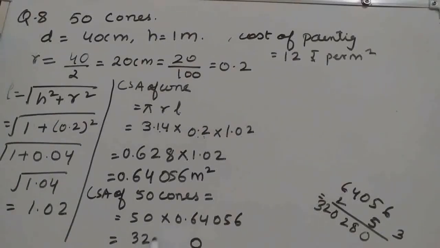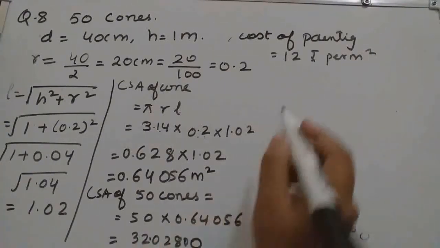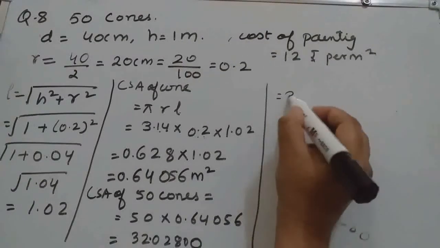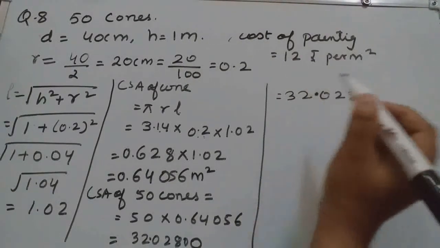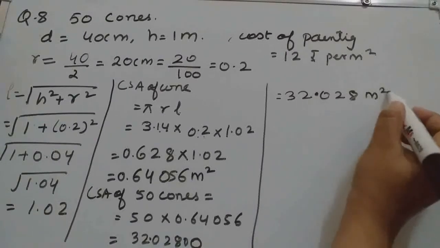So 320280. Already 10 is there. Now after how many digit decimal is there? 5. So put the decimal after 5. So you will get 32.028. Okay, this is in meter square.